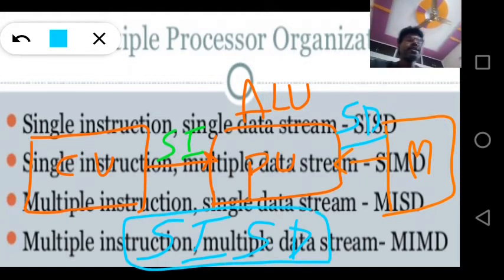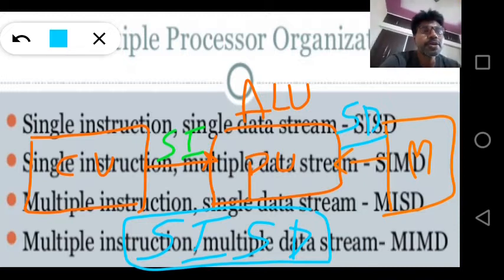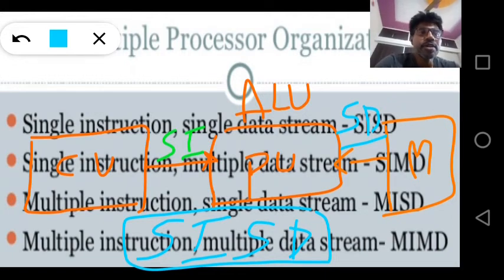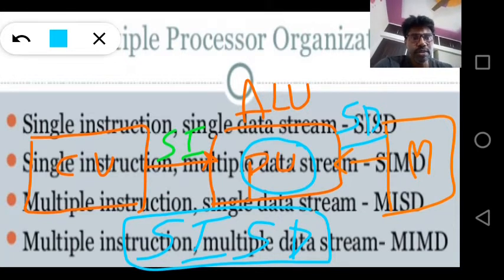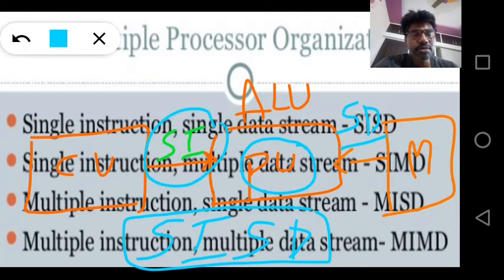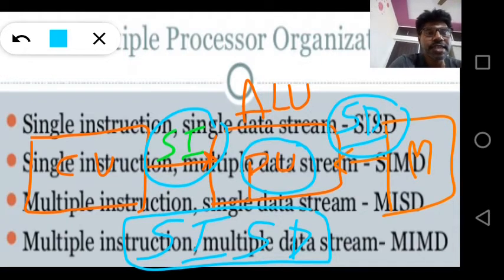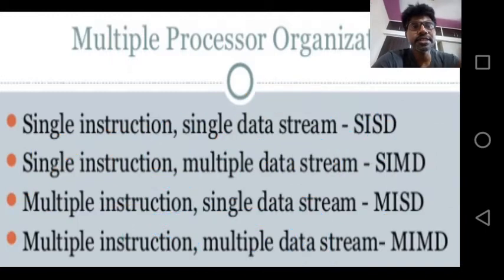So this is the very basic model. It's nothing but a one human architecture where we have single instructions and single data. Here the processing unit is a single processing unit, takes the single instruction from the control unit and operates on the single data. So in Flynn's classification, this architecture is called single instruction, single data stream, that is SISD.